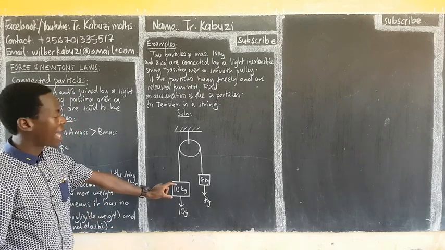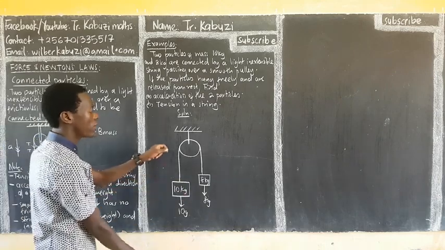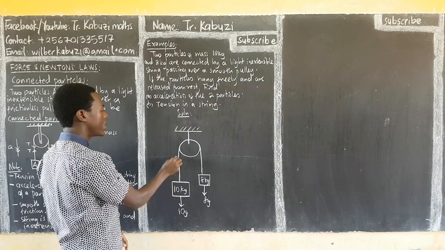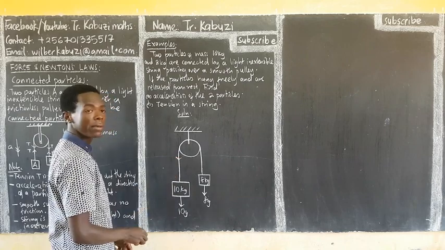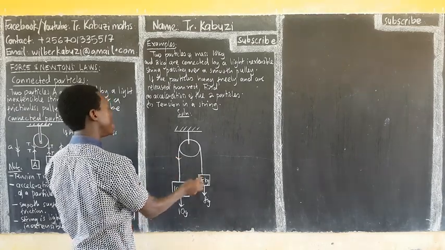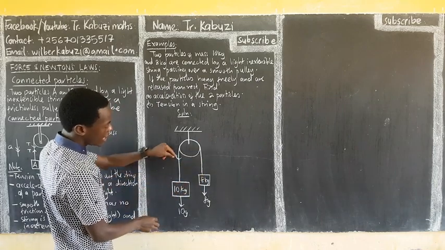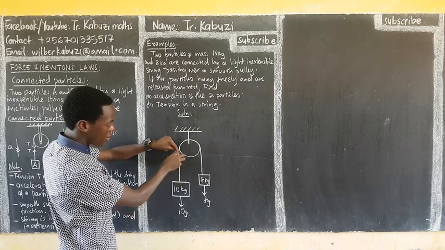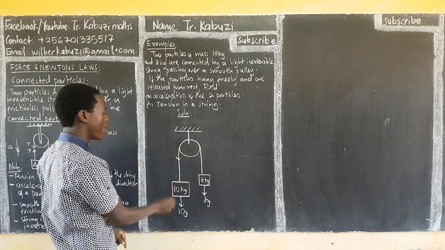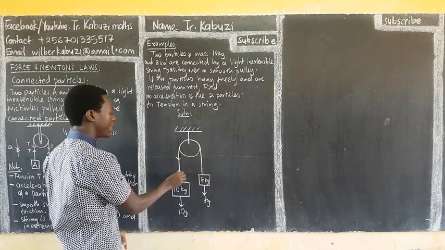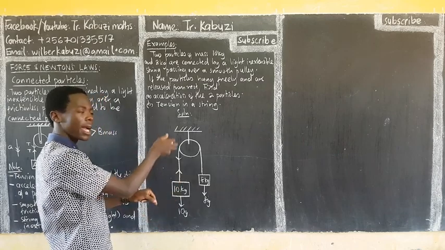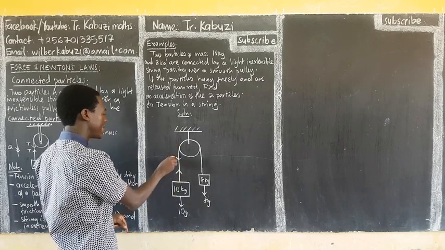Because this one is heavier than the other, it is going to pull. The tension acts upwards on each particle, pulling up, and this tension is the same throughout the string.